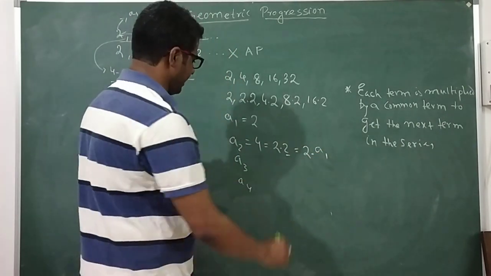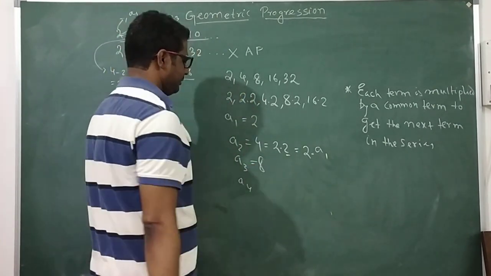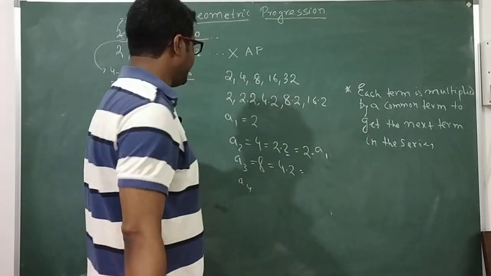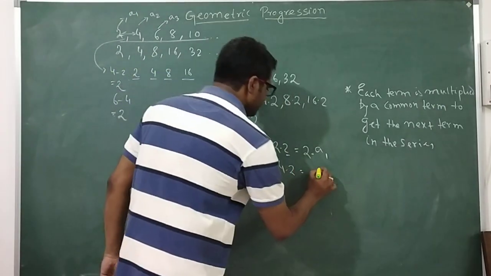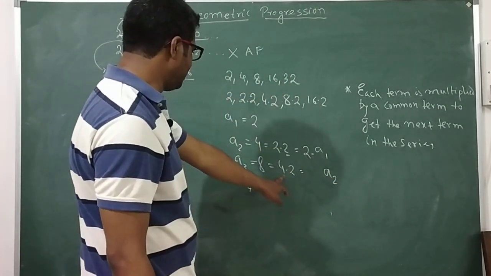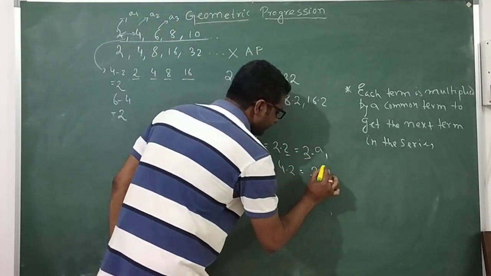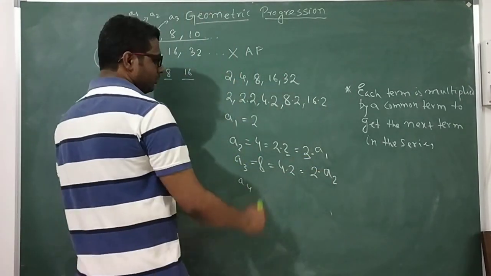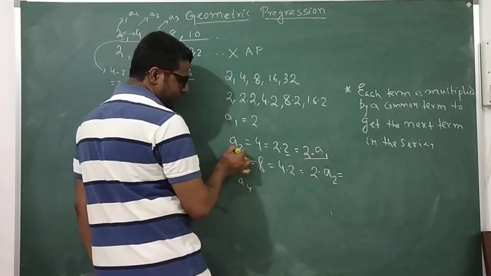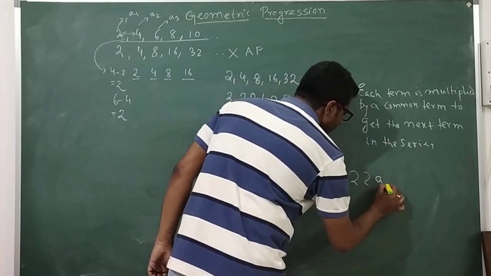Next, what is A3? 8, which means 4 into 2. That means this 4 comes from A2. So I can write A2 into 2. Now what is A2? A2 is 2A1, so I will substitute it.